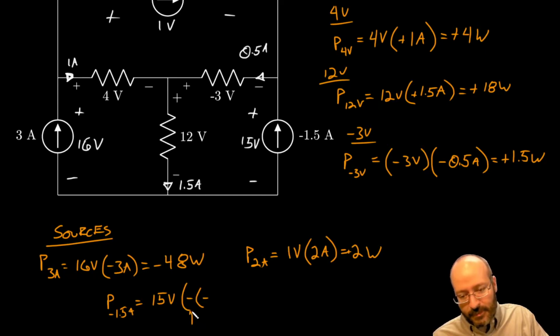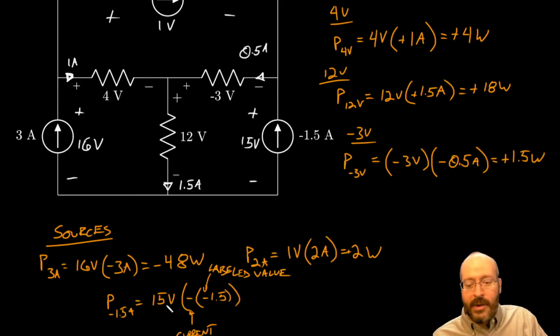This one's from the current direction, and this one is from the labeled value. Okay, so negative 1.5. All right, so we get 15 volts. This is going to end up being positive times 1.5, and that's going to end up giving us positive 22.5 watts. Okay, so we are dissipating.